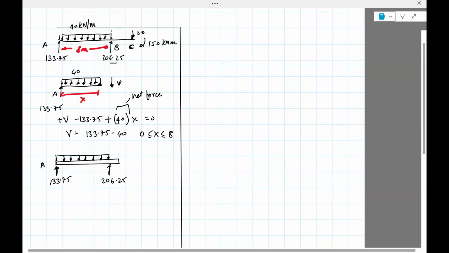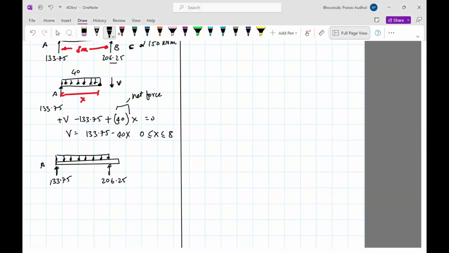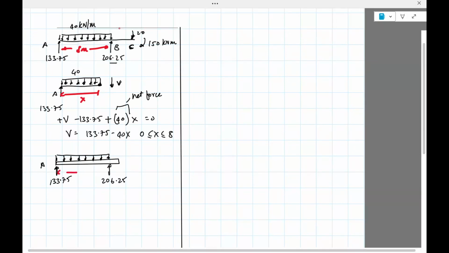It's 40x, yes, correct. Thanks for correcting me. Okay, so this is the cut. And again, when we look at the distance, this will always be up to the point where we put the cut, x.